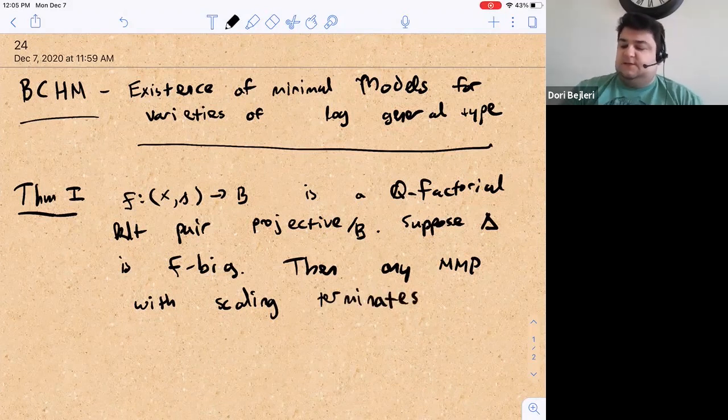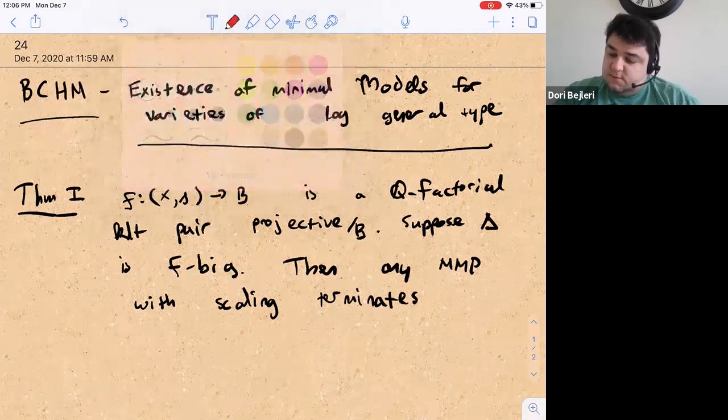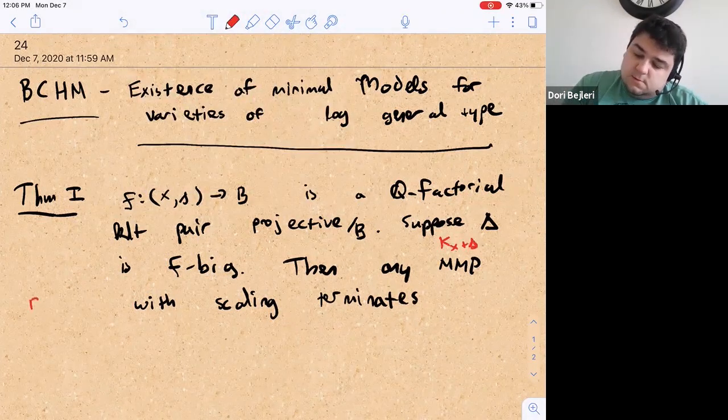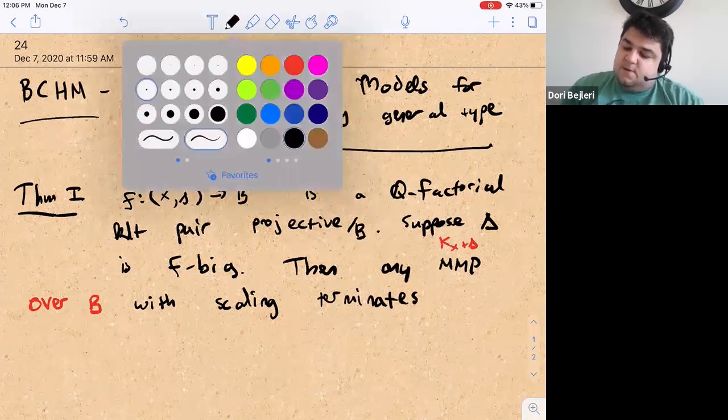So maybe to be more precise, these are K_X + Δ MMP relative to B. Okay.